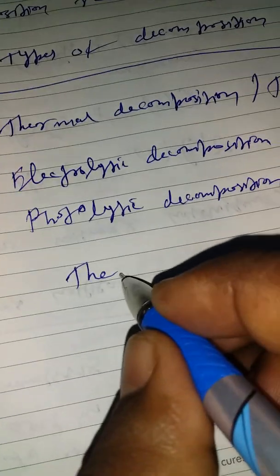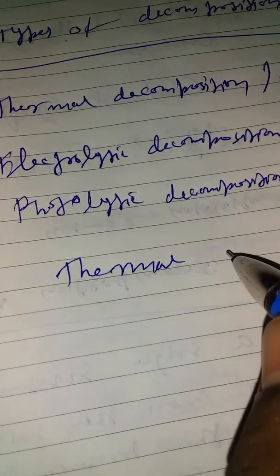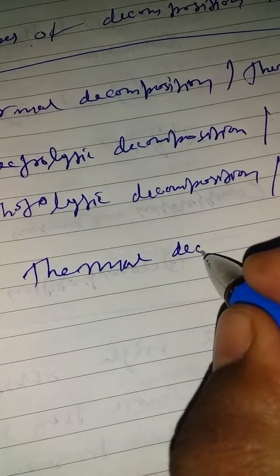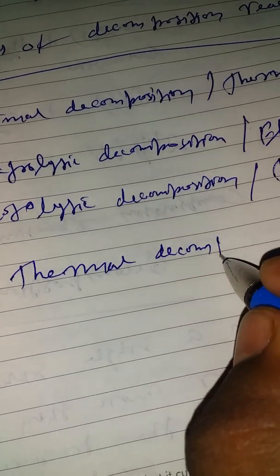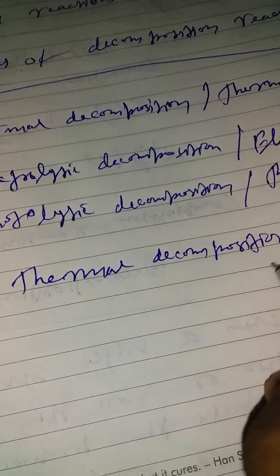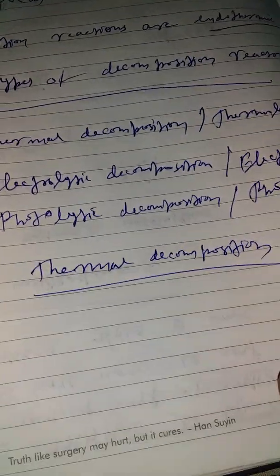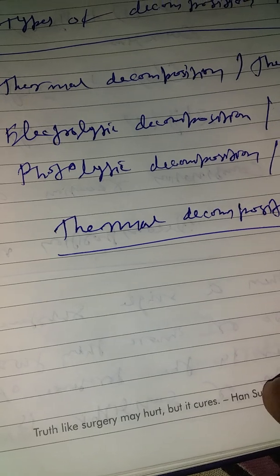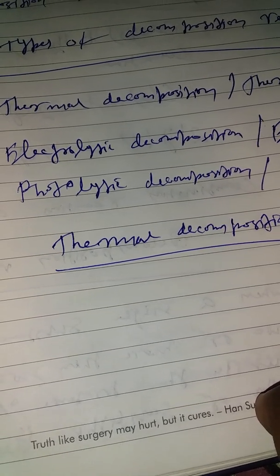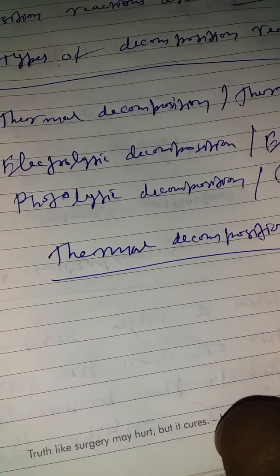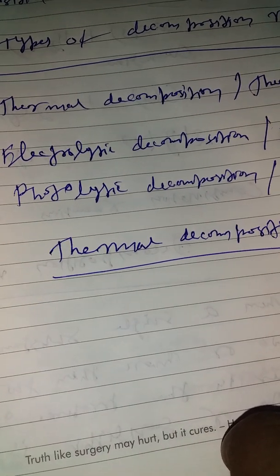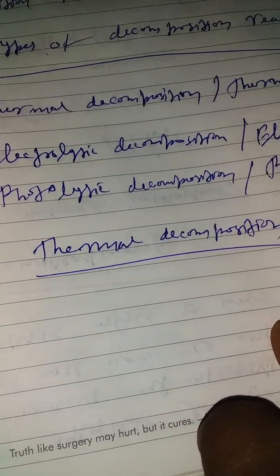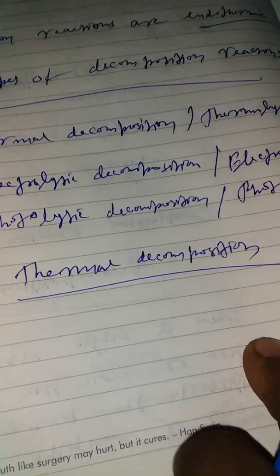First, thermal decomposition. Such type of decomposition reaction in which a single substance splits up or breaks up into two or more than two simpler parts in the presence of heat.